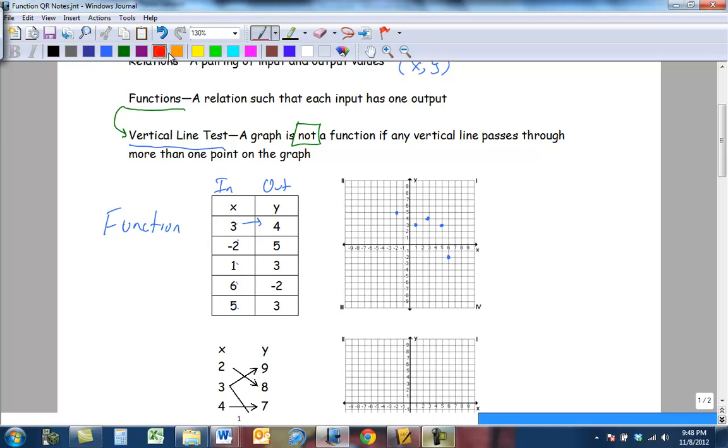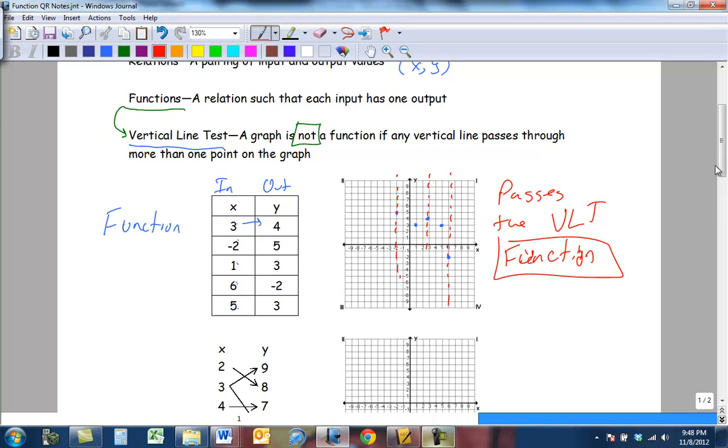If I was to draw a vertical line anywhere along this relation, I never go through more than one point at a time. All right? So because this passes the vertical line test, this is a function.